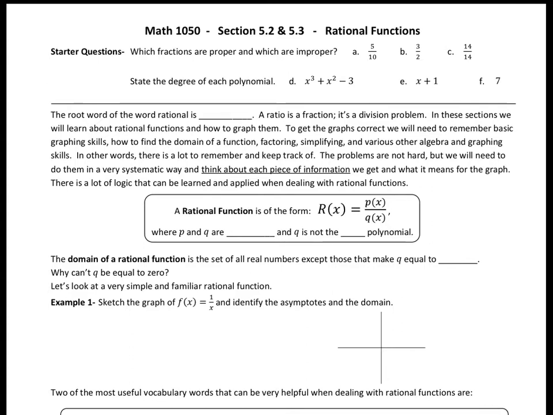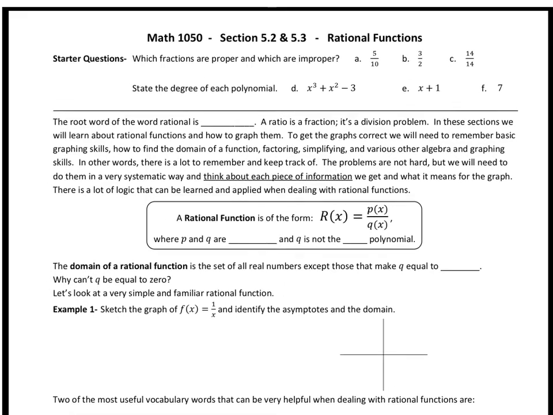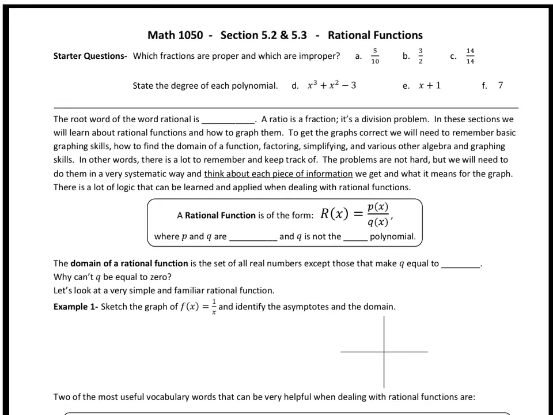A rational function is of the form r of x equals p of x over q of x, where p and q are polynomials, and q is not the zero polynomial, which makes sense, because if that were the zero polynomial, this would be undefined.